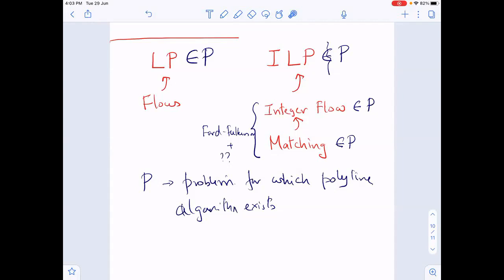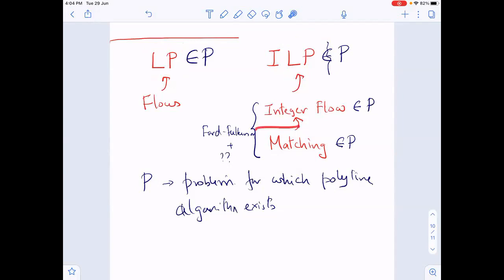If you can model it as an ILP problem, then you have access to an ILP solver that can solve it, but they are not necessarily polynomial time. If you can model it as an LP problem, then you are great. Then you have a polytime algorithm and very fast solvers that are there.